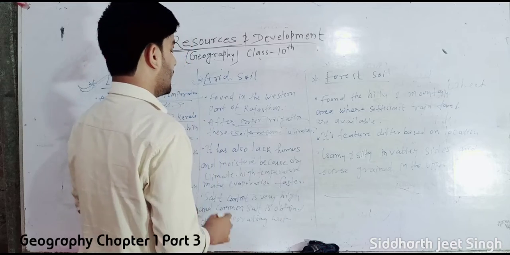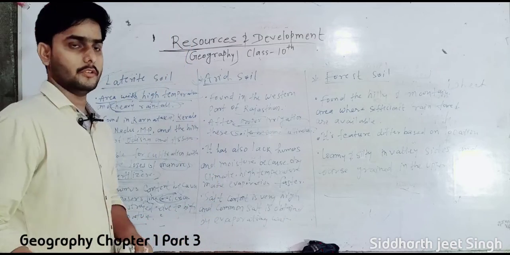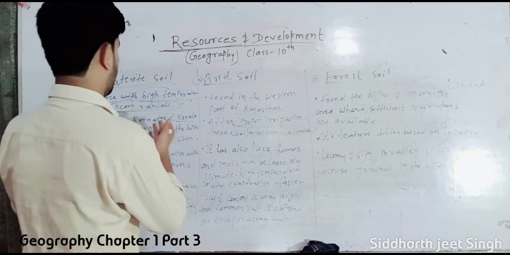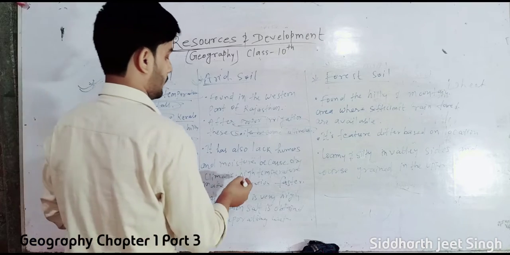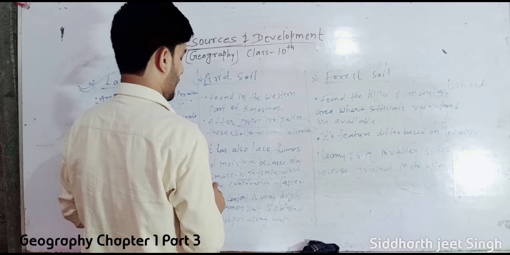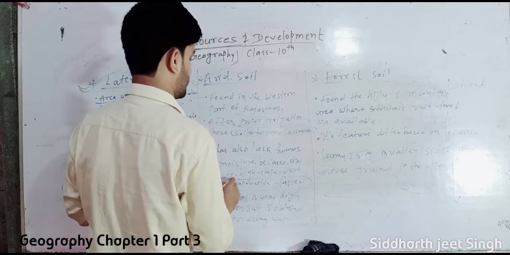It also lacks humus and moisture like laterite soil, because the climate of western Rajasthan is dry with high temperature, which makes water evaporate faster.